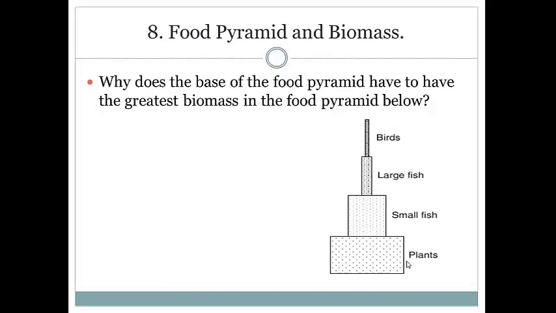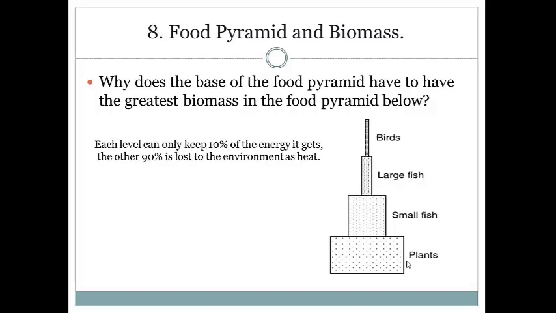So next question is about food pyramids and biomass. Again, biomass is just the mass of all of the living things at a particular trophic level. At the bottom, the base has the greatest biomass, and those are going to be our plants. In this particular ecosystem, the plants would then be consumed by small fish, which would be consumed by large fish, which then could be consumed by birds.